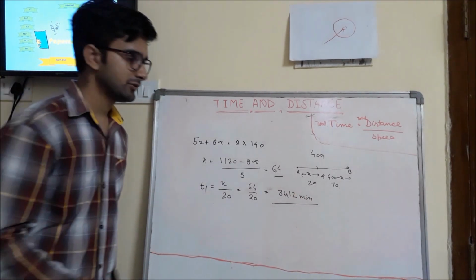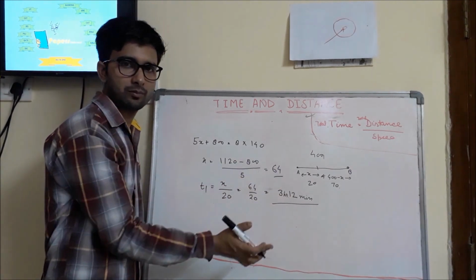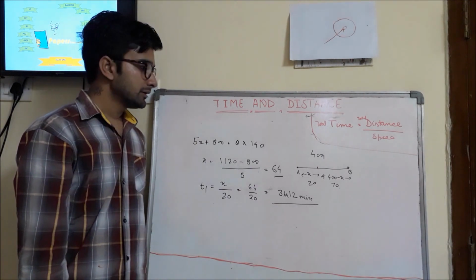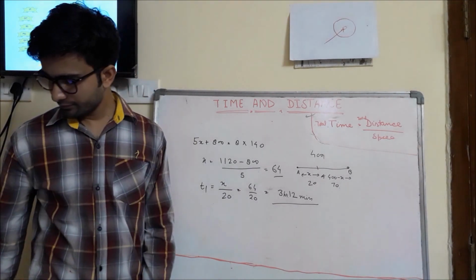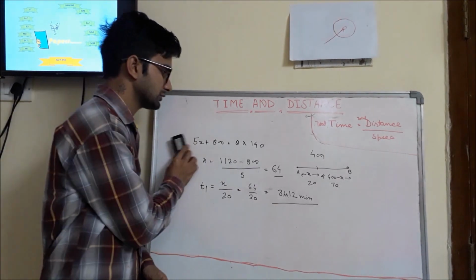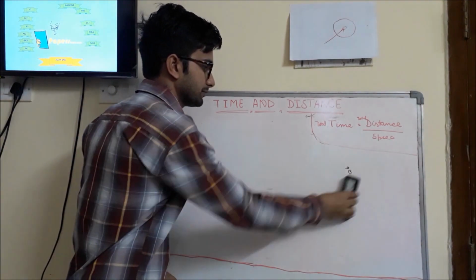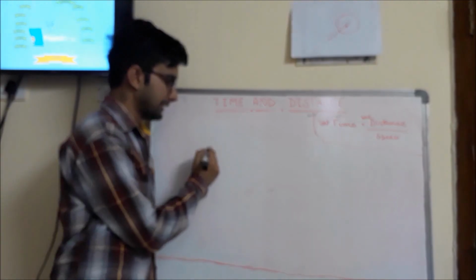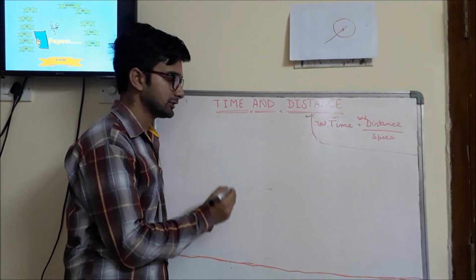With a simple formula, you need to just mathematically formulate the problem and put in the formula. I just want to say one thing. Every time, take time as constant.